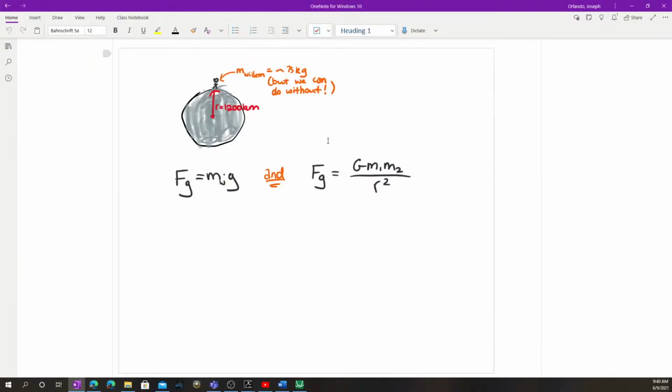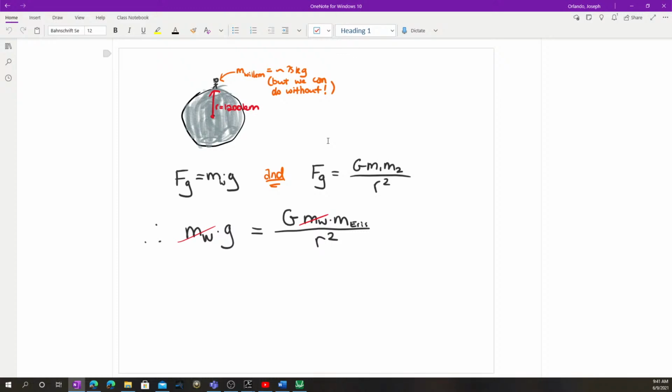So, we can therefore say, whoa, that the mass of Willem times the gravitational acceleration Willem experiences should be equal to the gravitational constant times the mass of Willem times the mass of Eris divided by the distance between them squared. And the first thing you should note is that I can divide both sides by Willem's mass, and it goes away, which is not so bad.